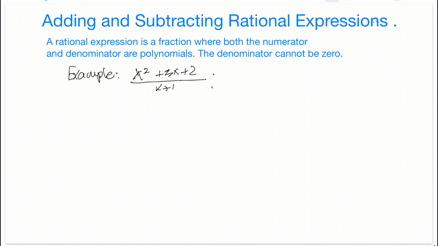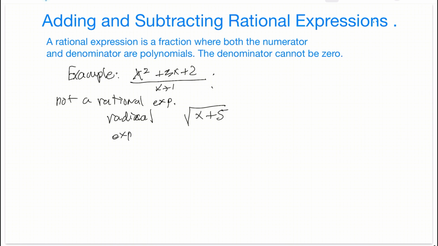Now, what is not a rational expression? I'll give you some examples of that. This is going to be like a radical type equation, where we're going to have like the root of x plus 5. That's not a polynomial.